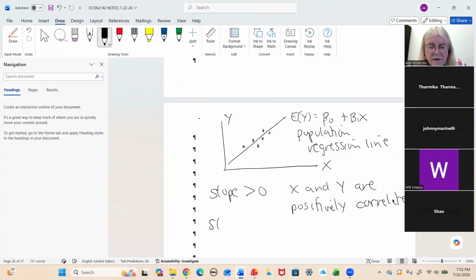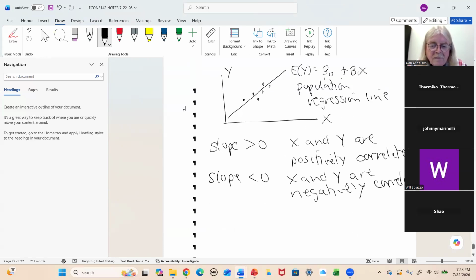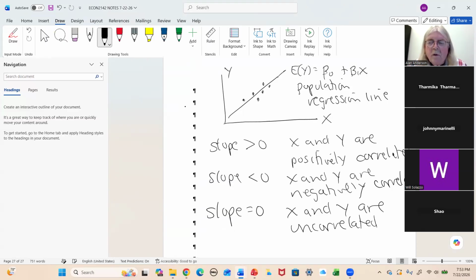If the slope is negative, negatively correlated. And of course, zero means that X and Y are uncorrelated or independent.